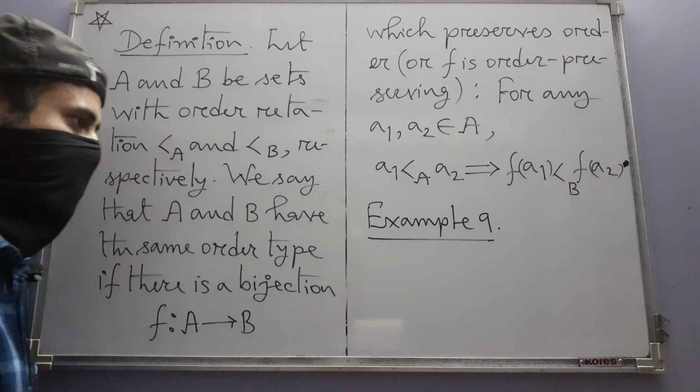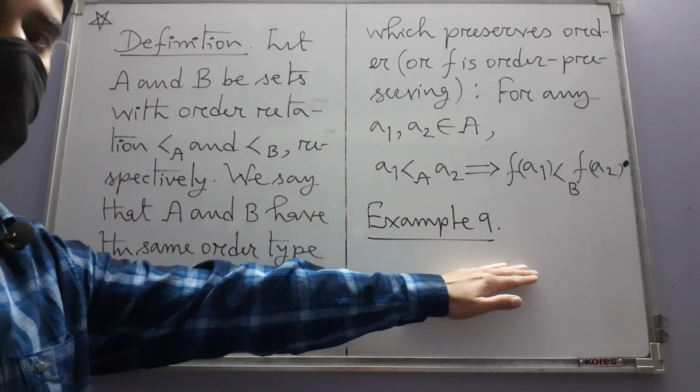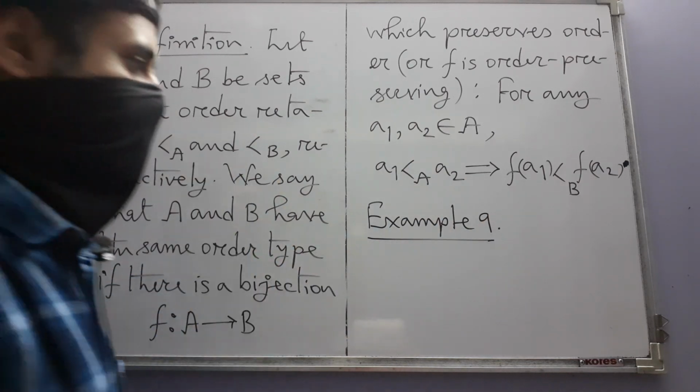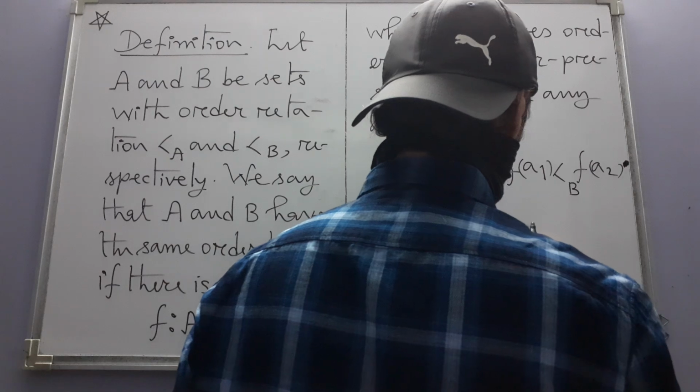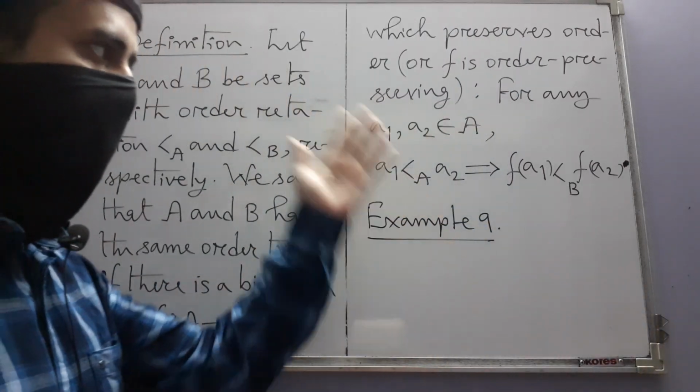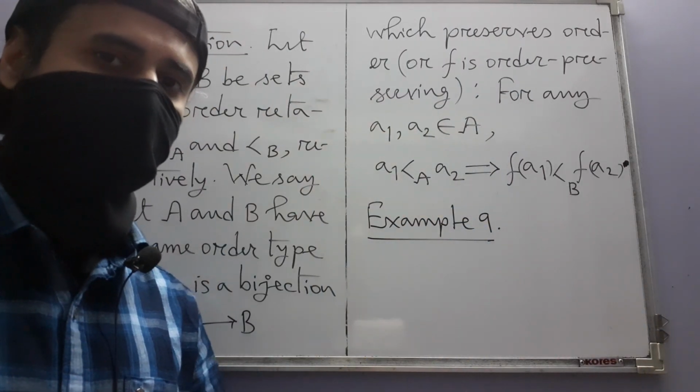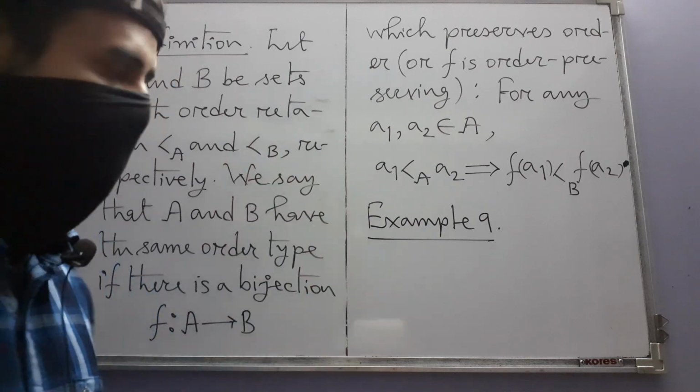According to the numbering scheme that we are following, this is example 9. Do you remember in example 8 we considered that blood relation, sibling relation, that thing, that was example 8.